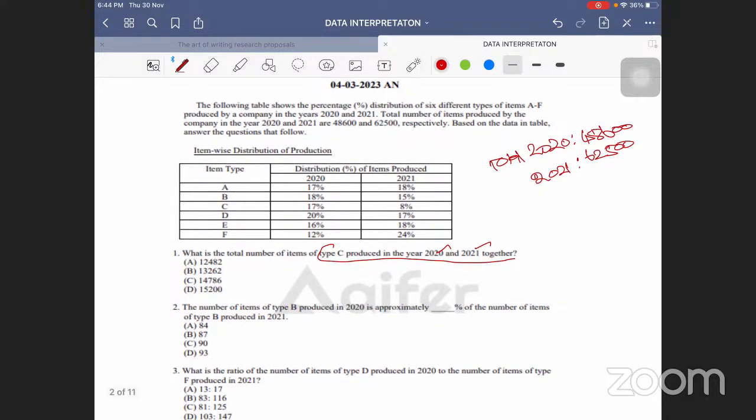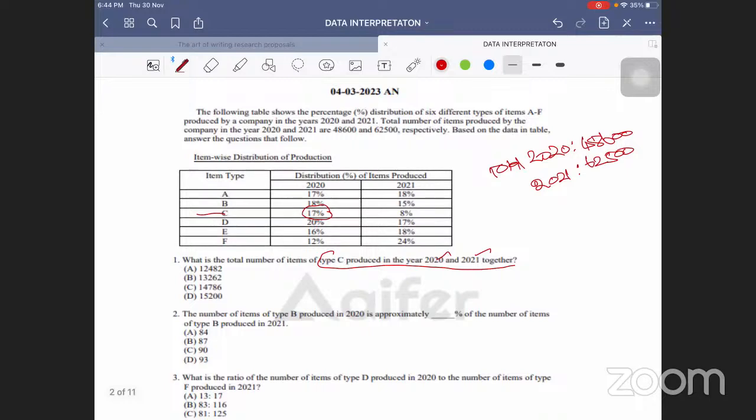Type C production in 2020 is 17%, and in 2021 it is 18%.